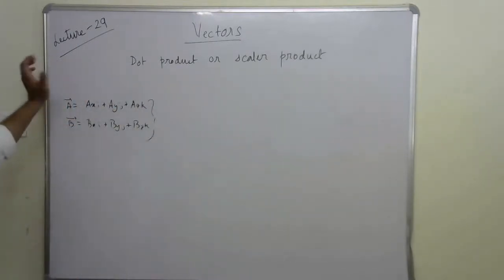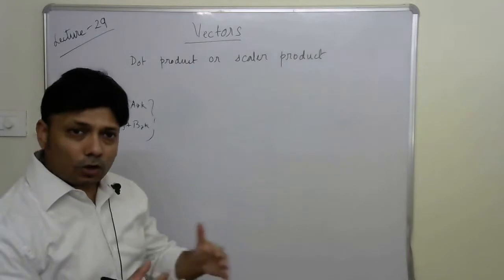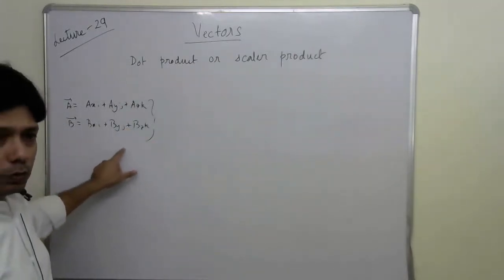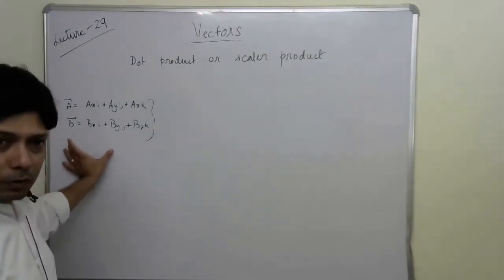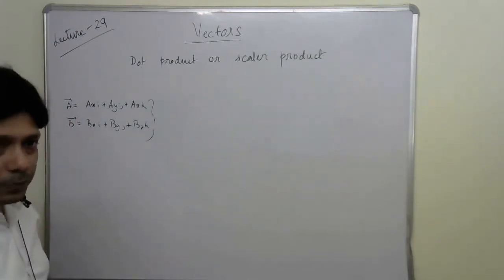So now we first start discussing the dot product, which is also known as the scalar product. By definition, I have again written the two arbitrary vectors that we have started with, vector A and vector B. So these are defined like this.